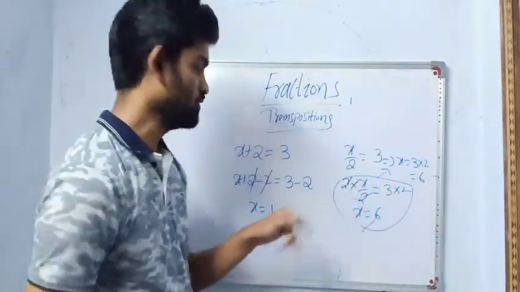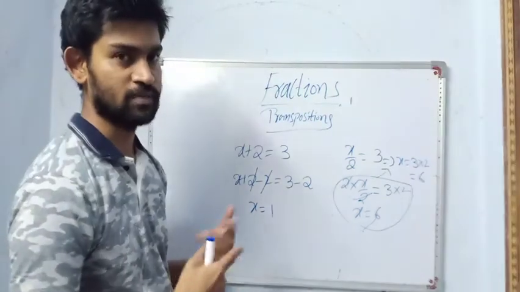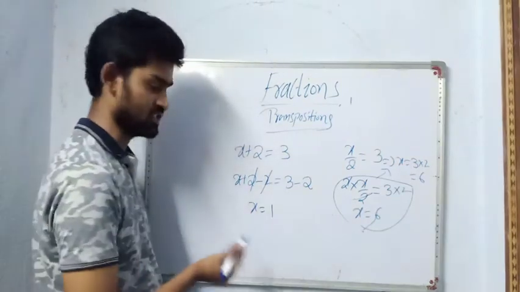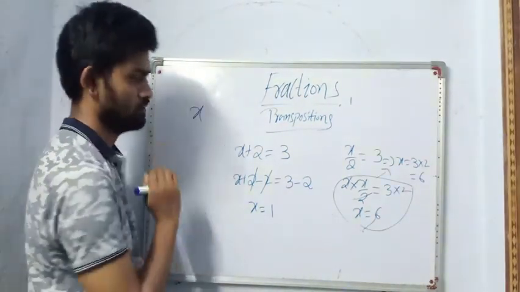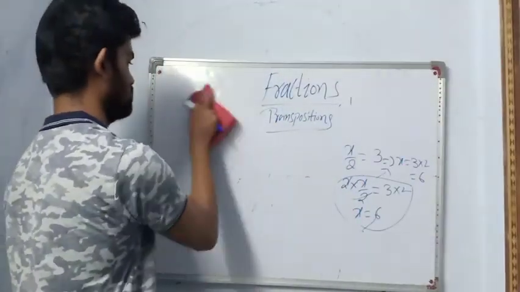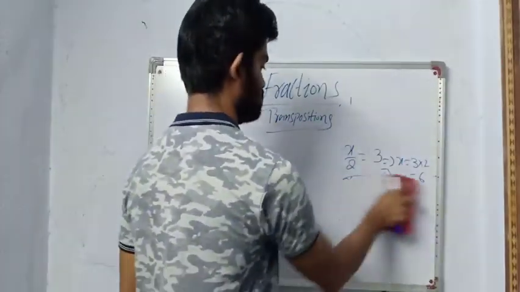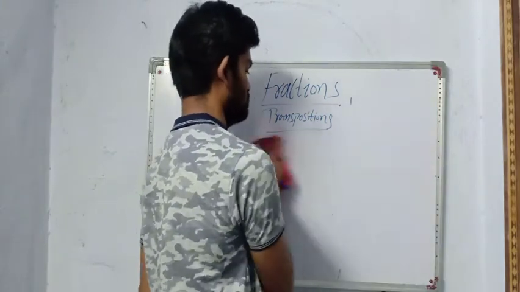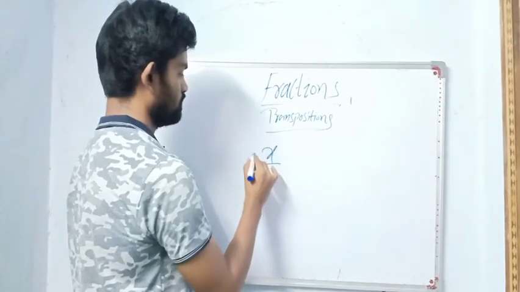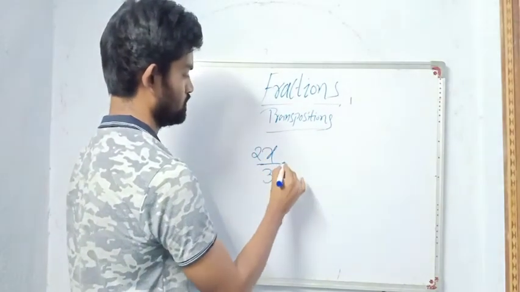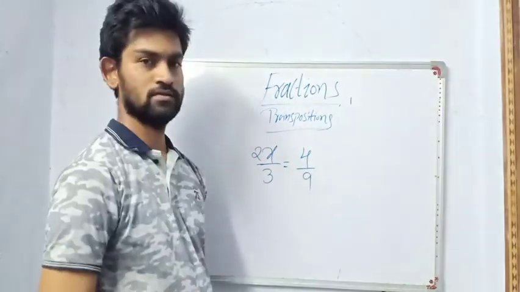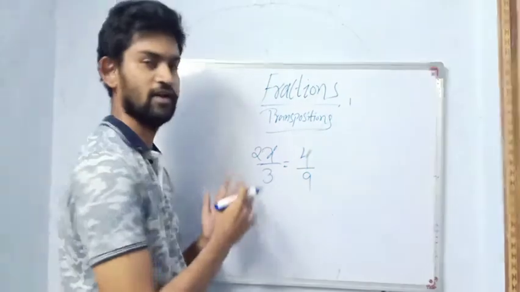Okay. Now, how to do cross multiplication in fractions? Two fractions. This is the question given, find the value of x.